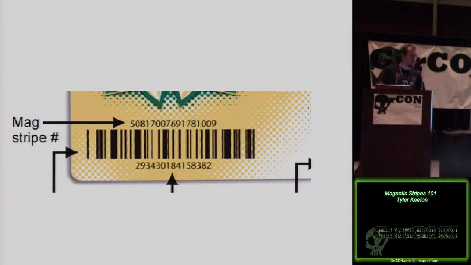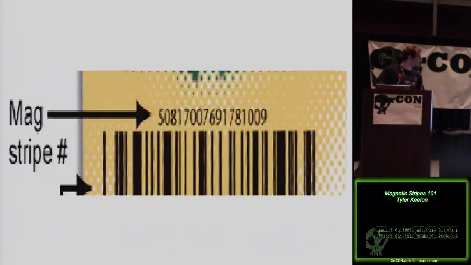And I thought, well, magstripe number, why would they print that on the front of the card? Like as in what's encoded on the back of the magstripe itself? And it turns out that that is actually a resounding yes.